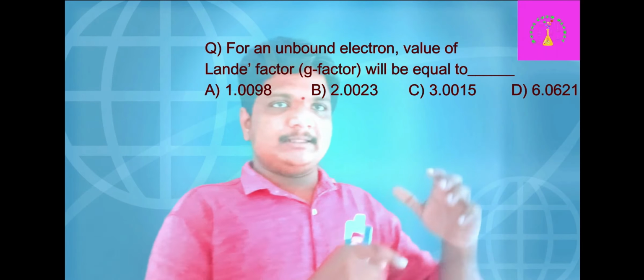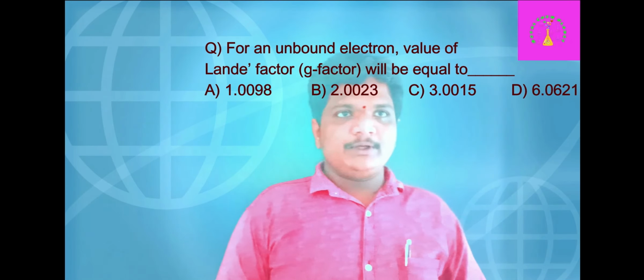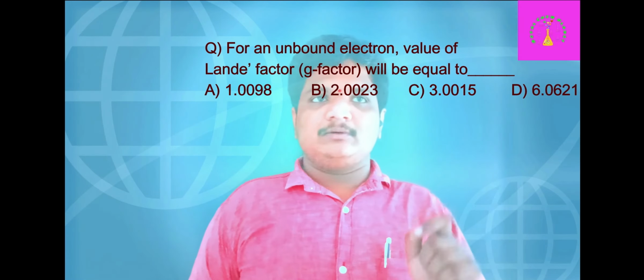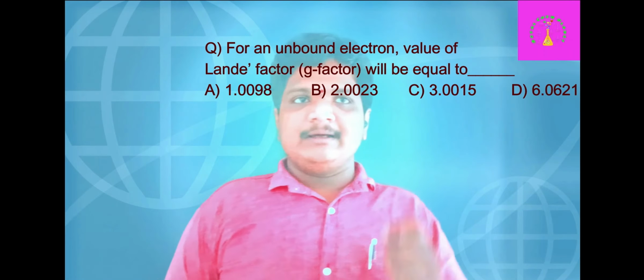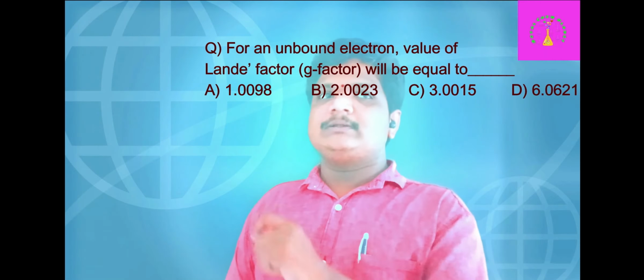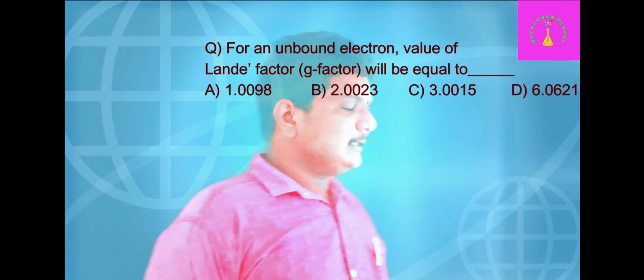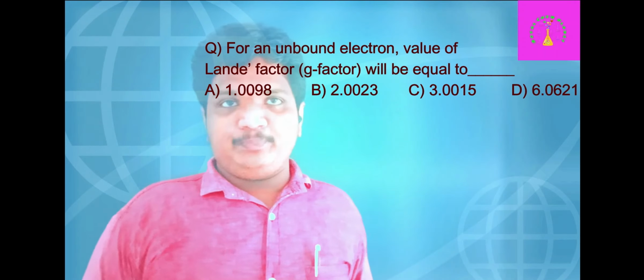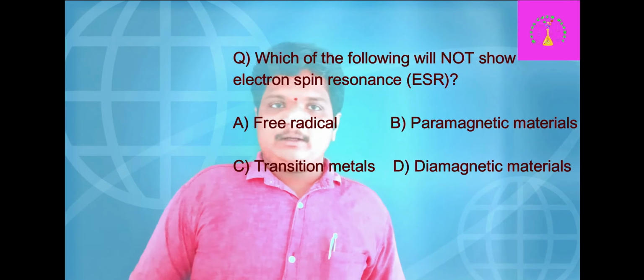Which one is the correct answer? We know that for an unbound electron, the value of g, the Landé splitting factor, is 2.0023. So the correct option is B, that is 2.0023.